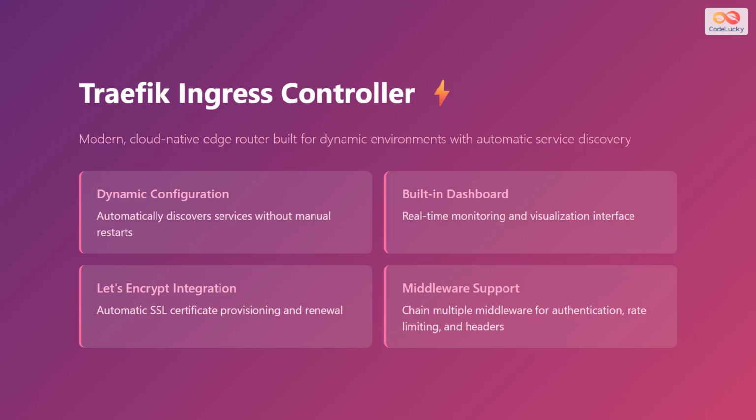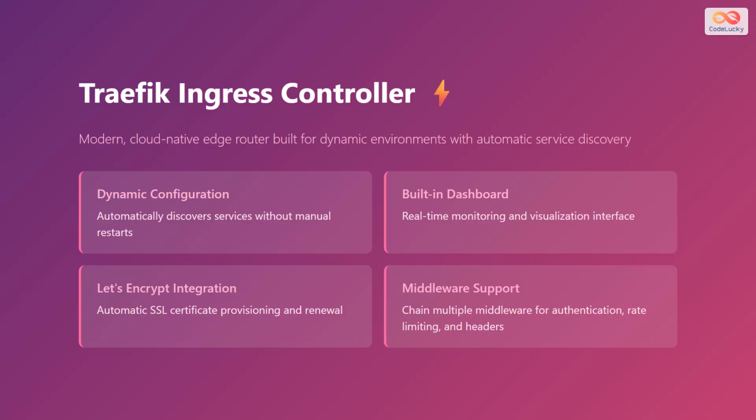Traefik is a modern, cloud-native edge router built specifically for dynamic environments. One of its standout features is automatic service discovery, which means it can detect new services in your cluster and configure itself without requiring manual restarts. Traefik comes with a built-in dashboard that provides real-time monitoring and visualization of your traffic flows.